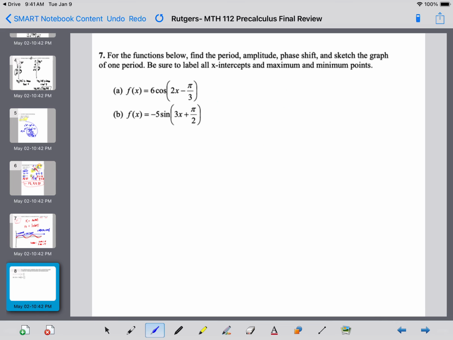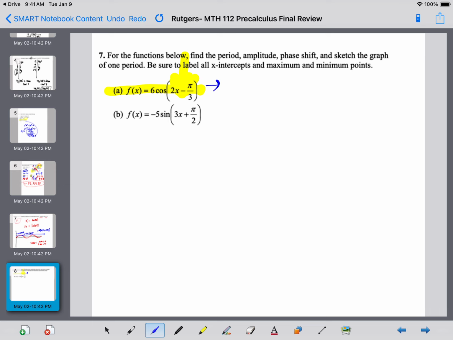So now question 7. For the function below, find the period, amplitude, phase shift, and sketch the graph of one period. So in this first question, this is not in factored form. So we're going to have to pull out that 2 somehow. So the way you could pull it out is dividing by 2, right? It's not difficult.